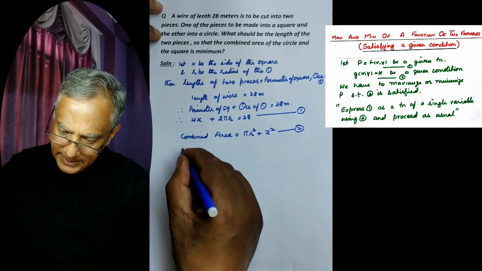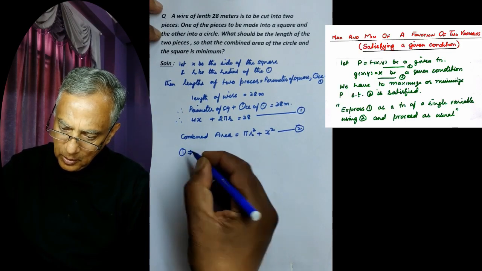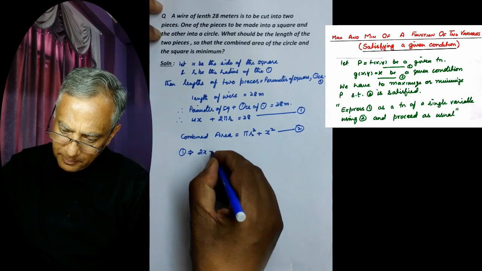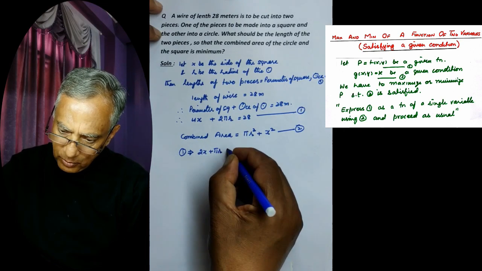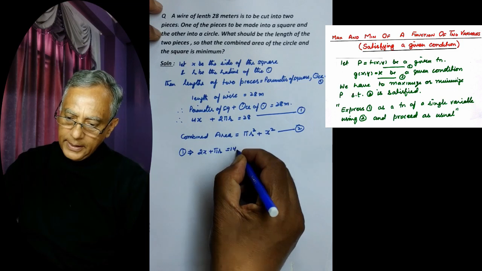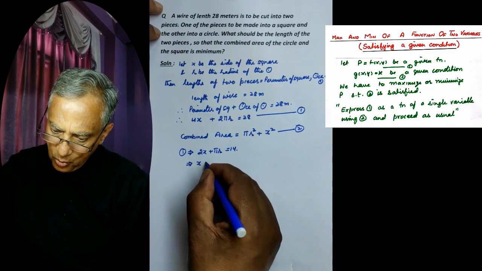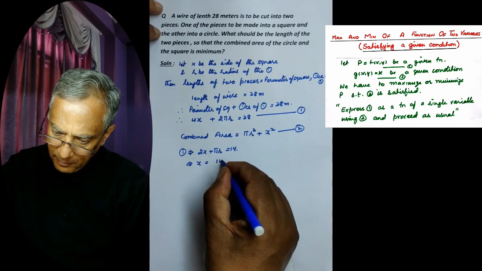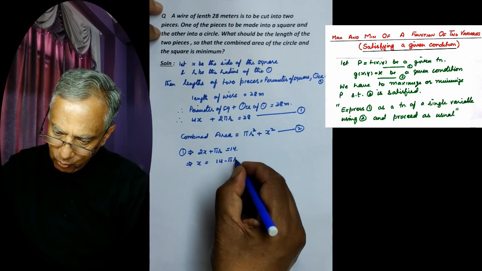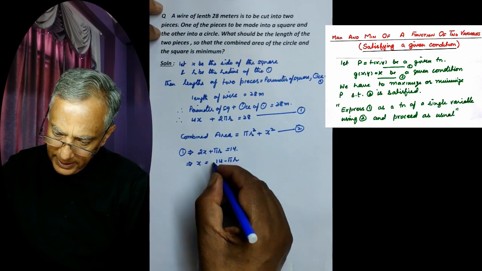Now 1 implies 2x plus pi r is equal to 14, and this implies x is equal to 14 minus pi r, by 2.